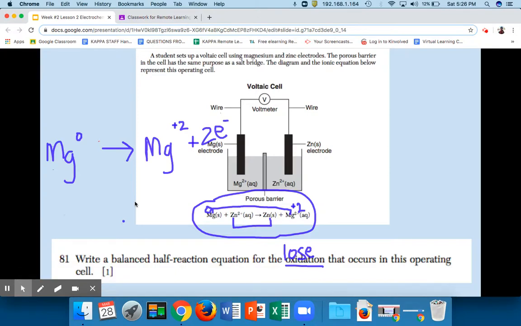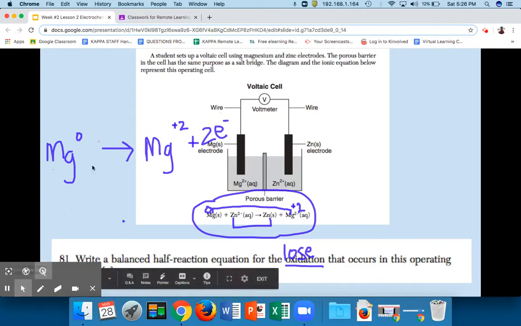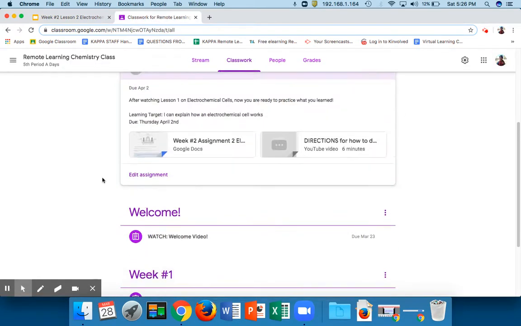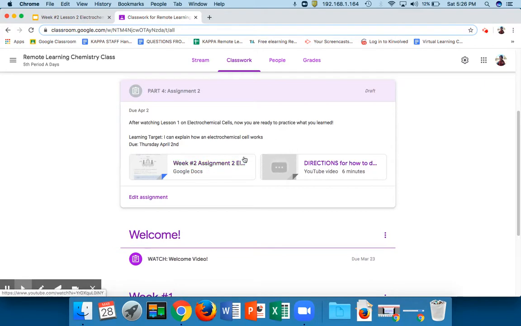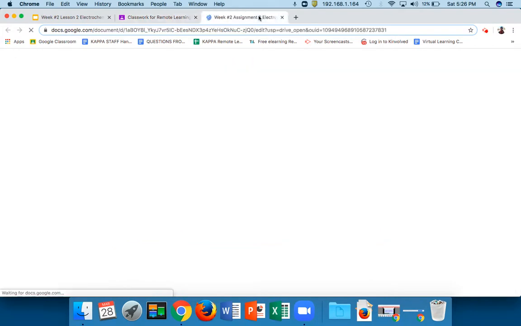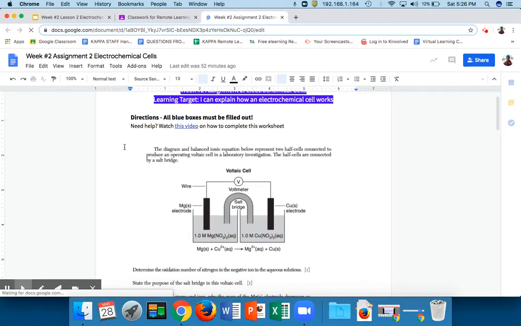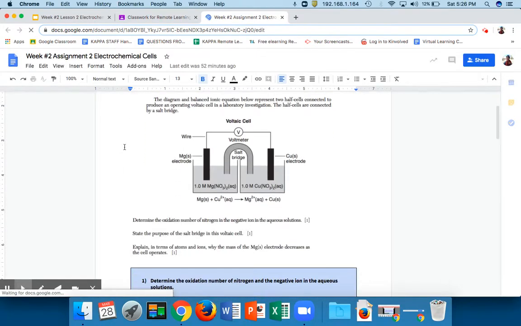Okay, good work today, guys. This was a longer lesson than usual. For your assignment today, you're going to go to part 4, assignment 2, and you have this worksheet, and it gives you 2 regions questions based on electrochemical cells.